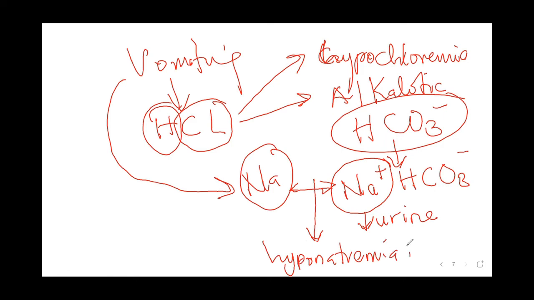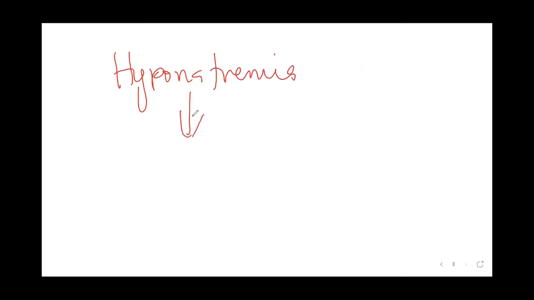Okay, we've seen how they develop hypochloremia, how they develop alkalosis, how they develop hyponatremia. When a patient has hyponatremia from any cause, there is release of aldosterone.